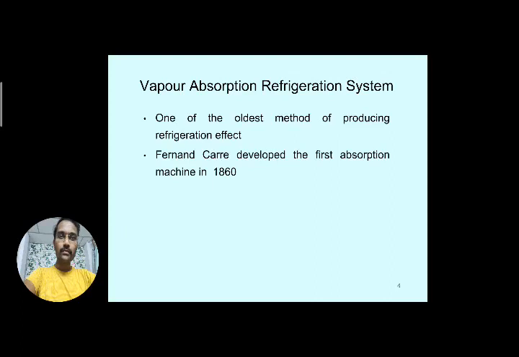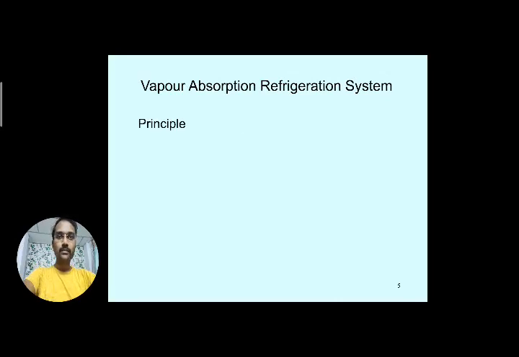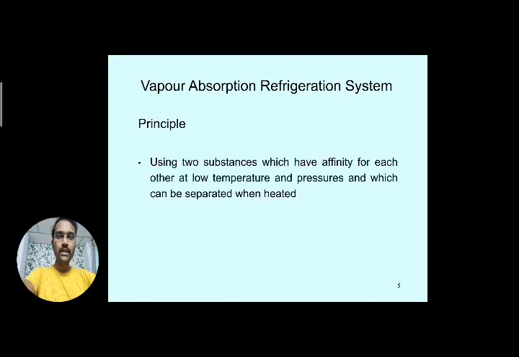This system was developed in 1860 by Ferdinand Carre, and in those days it was mostly used for domestic purposes. Machines of about 20 tons capacity, and more than that, can be used in bigger industrial units. So this is the principle.